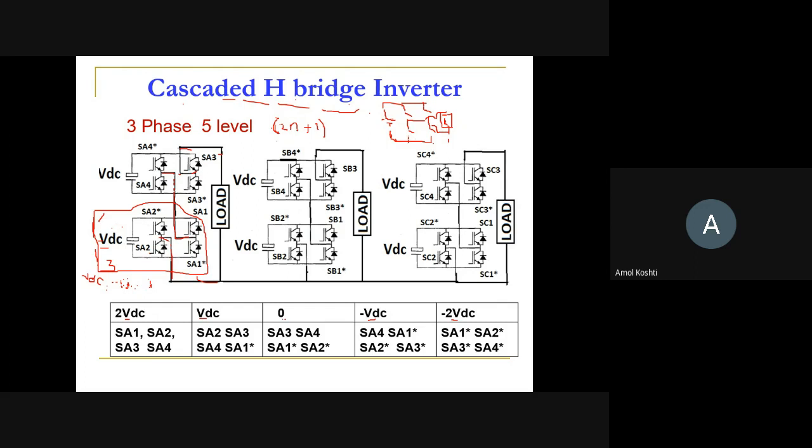So 3 into 2 plus 1, that is 6 plus 1, which is 7. So we get 7 levels of output at the end of this load.